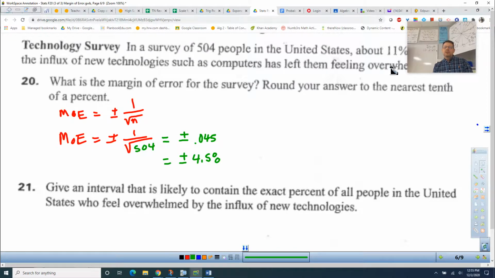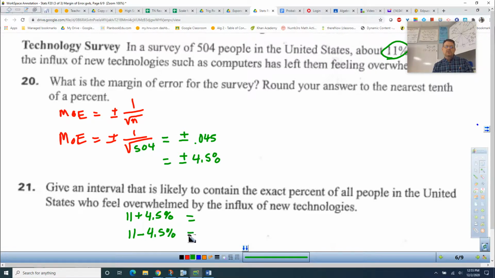So what we're going to do is take this 11% and say it could be 11 plus 4.5%, or 11 minus 4.5%.